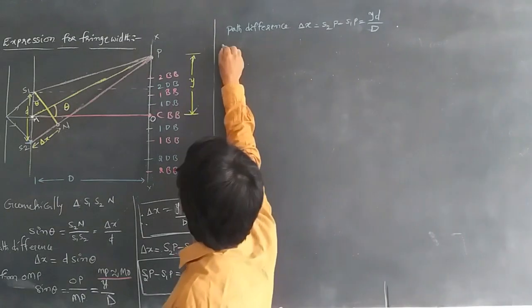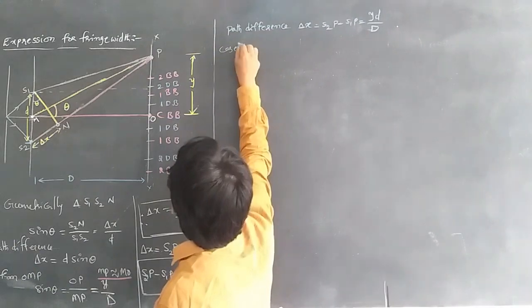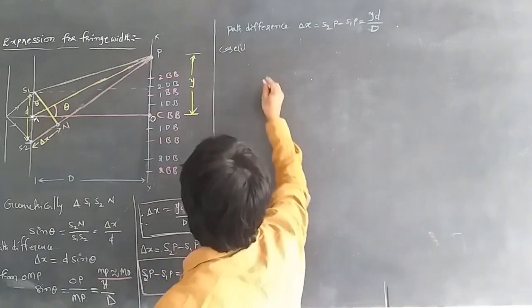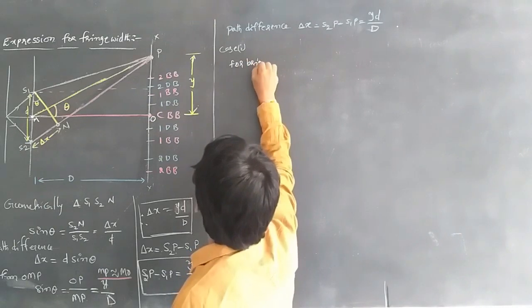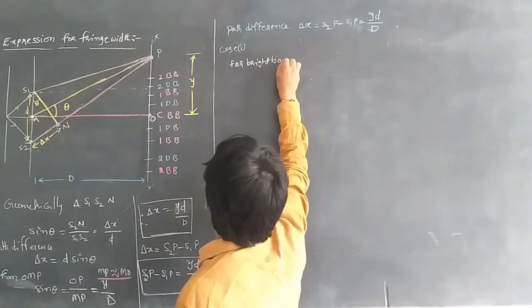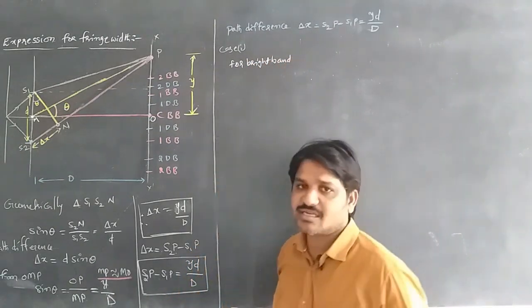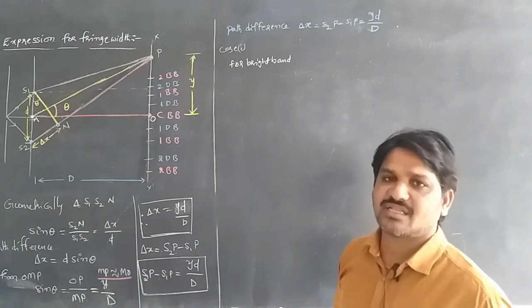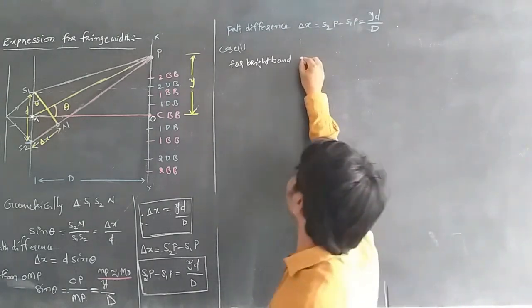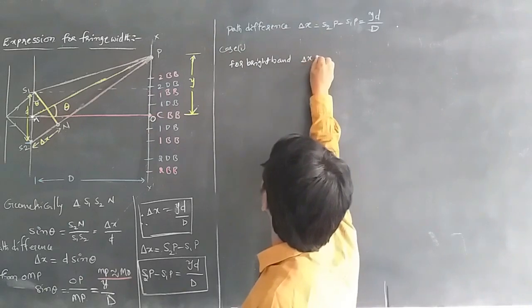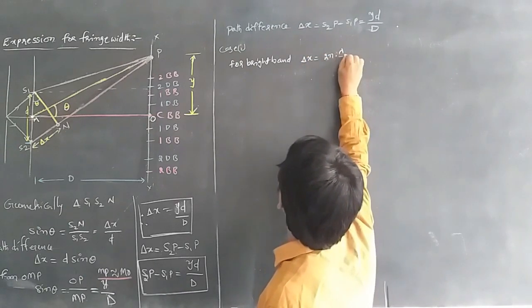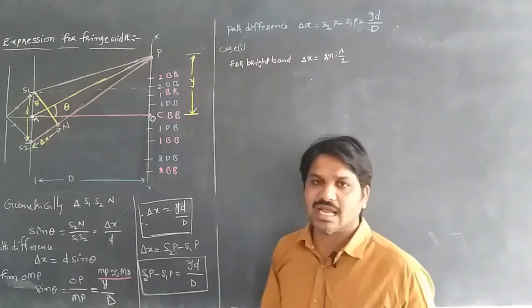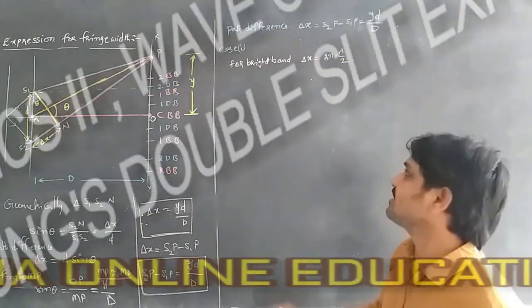So the first one is case 1, for a bright band. From the qualitative analysis of interference, we derived the equation for the bright band. The path difference will be delta x is equal to 2n into lambda by 2, that is the equation for the bright band.